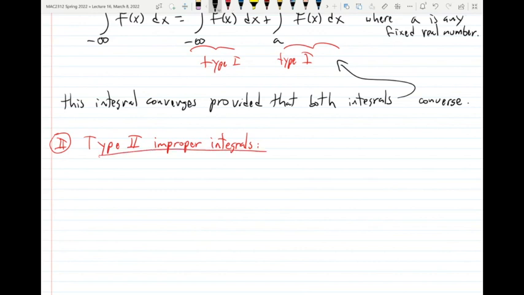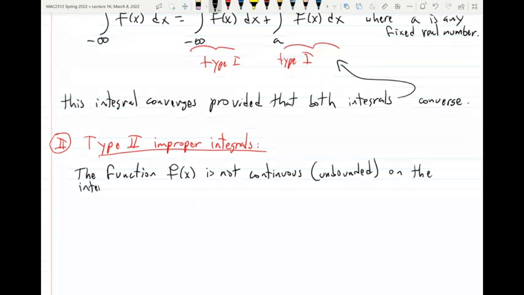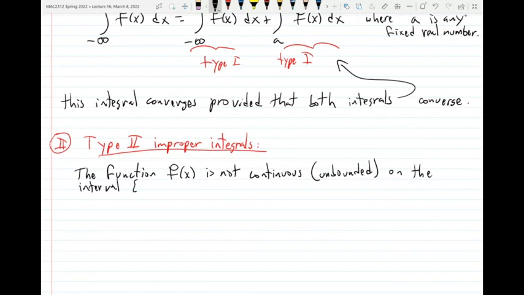So how do you recognize this? The function f of x is not continuous. Typically, it's because it's unbounded on the interval [a, b].